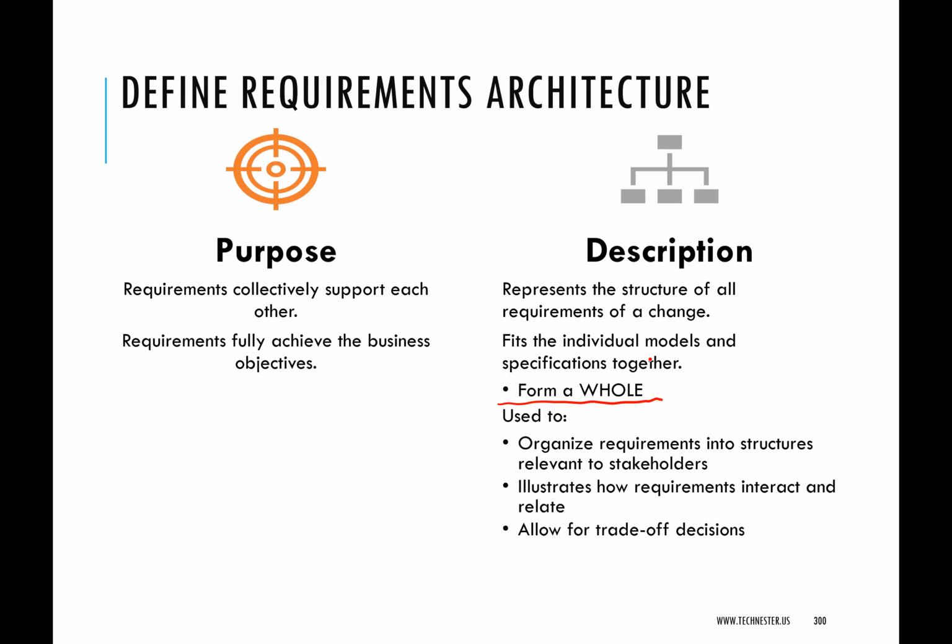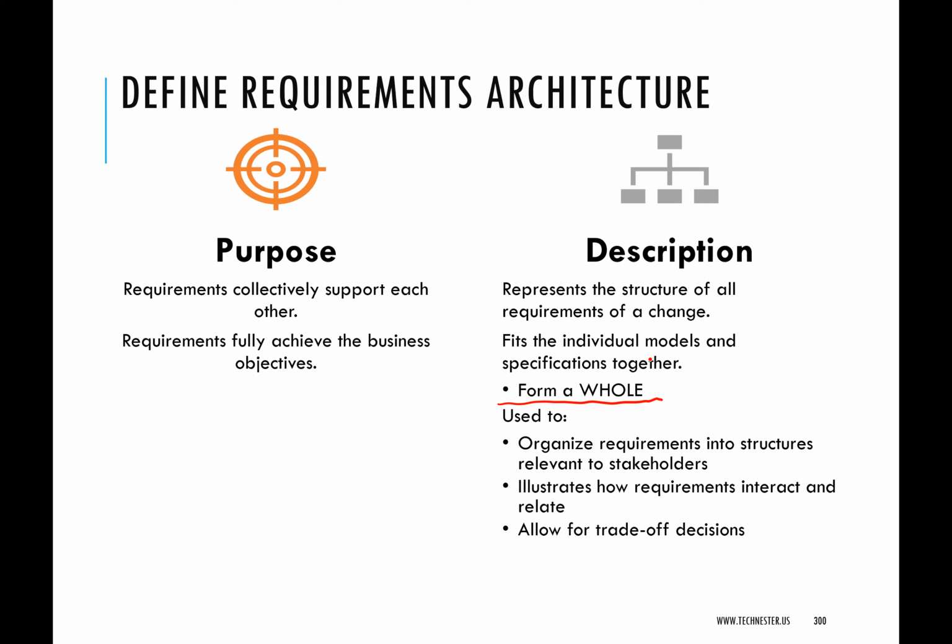So requirements architecture also helps you piece together the requirements, say the types of models you want to show particular stakeholders. So you can organize some types of models, put them together for C-suite executives alone, because maybe they don't want too much technical detail or too much detail in general.